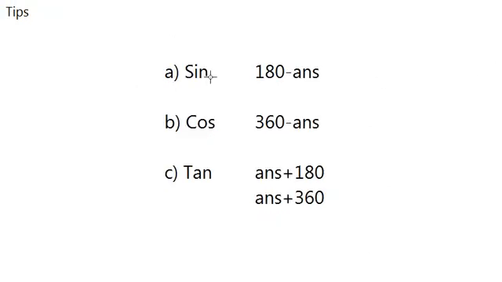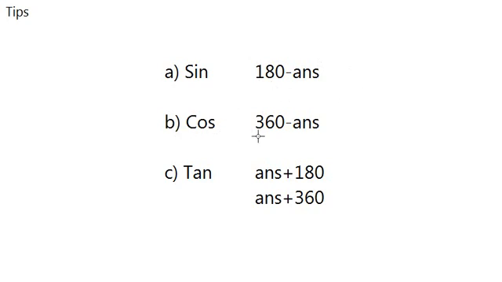So there are 3 different rules that we need to remember. The first one being sine. For every sine question, you would like to use 180 to subtract it by, never mind, just read the screen.